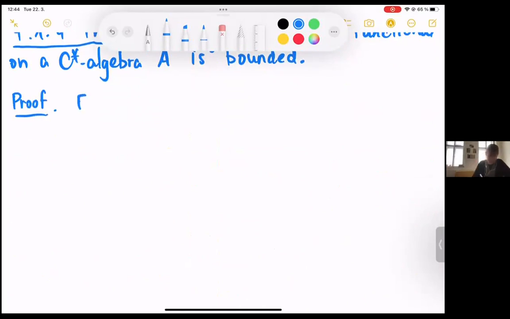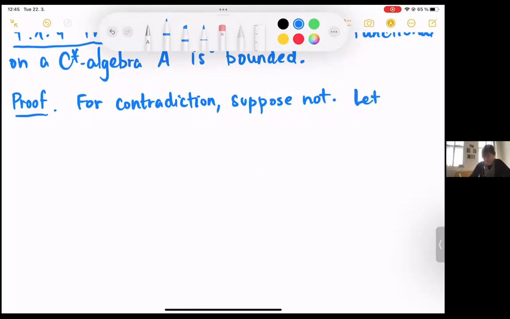Okay, so let's try to prove this by contradiction. Suppose this is not the case. Then there exists some C star algebra which has an unbounded linear functional. Let's take that C star algebra and then linear functional.